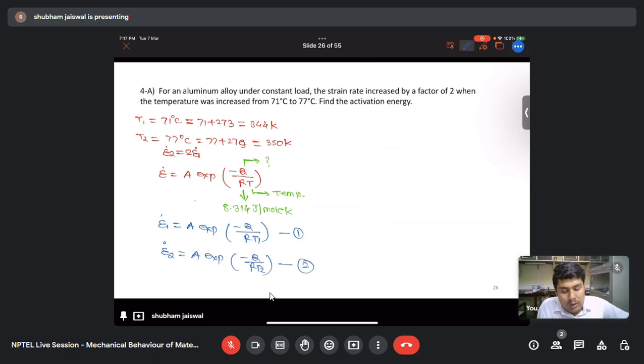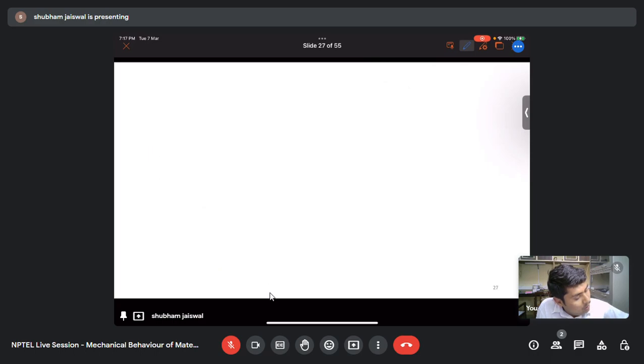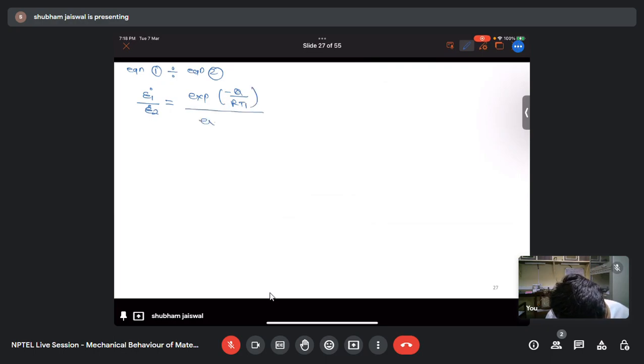So now if I divide equation 1 by equation 2, what will I get? Epsilon 1 dot divided by epsilon 2 dot is equal to exponential minus Q upon RT1 divided by exponential minus Q upon RT2.